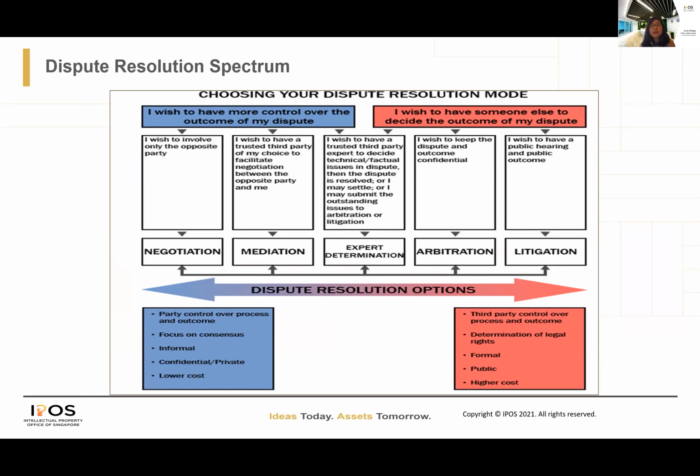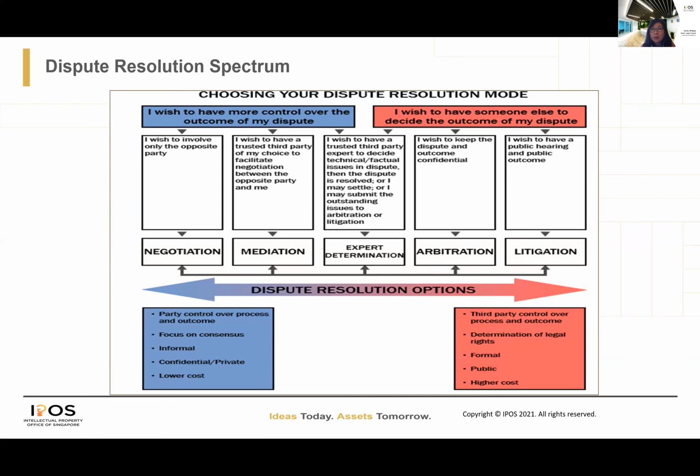On the right-hand side of expert determination is arbitration, and as you can see, that is closest to litigation. The reason why it is very close to litigation is because the third party, the arbitrator, will determine the outcome on your behalf. However, the main distinction is arbitration is confidential, and you can choose the arbitrator of your choice.